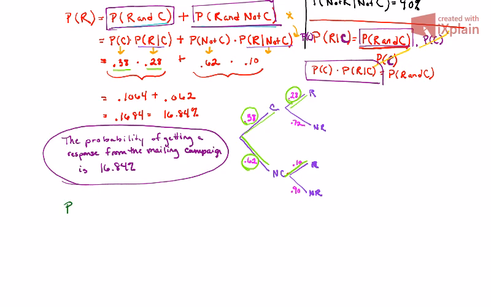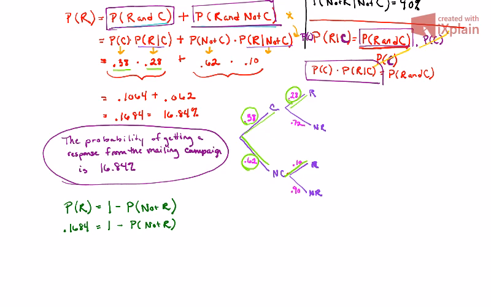I know that the probability of getting a response would also be equal to the complement of not getting a response. So in other words, my probability of getting a response, I can find its complement.